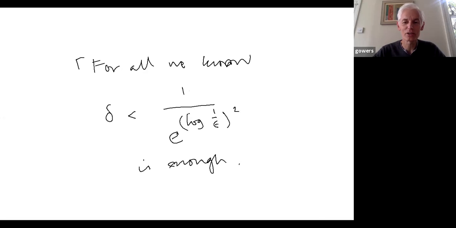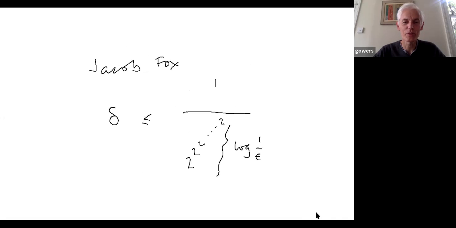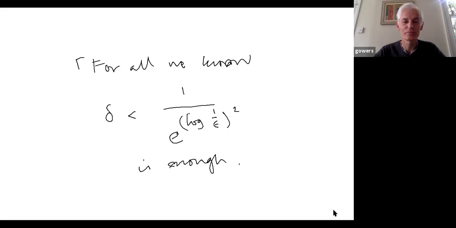Let me go back to what we can prove it for. We can prove it for that, but it might be that that's enough. So you see there's a massive, massive, massive gap between what we can prove and what might be the case.